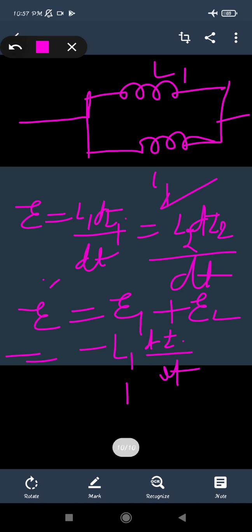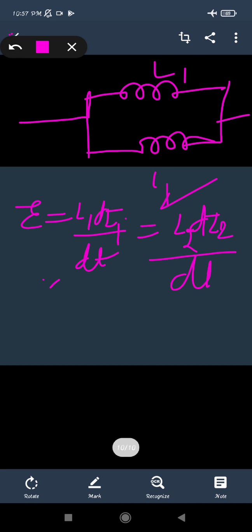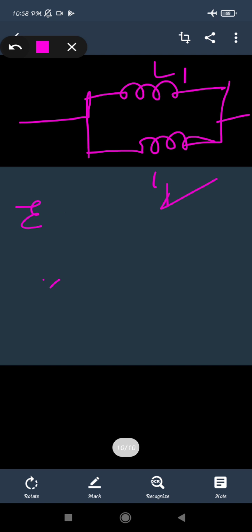Now together we can write it as di1 plus di2, and L1 plus L2 will be taken as L equivalent. Like if you are talking about the equivalent, then L equivalent will be di1 by dt plus di2 by dt together.